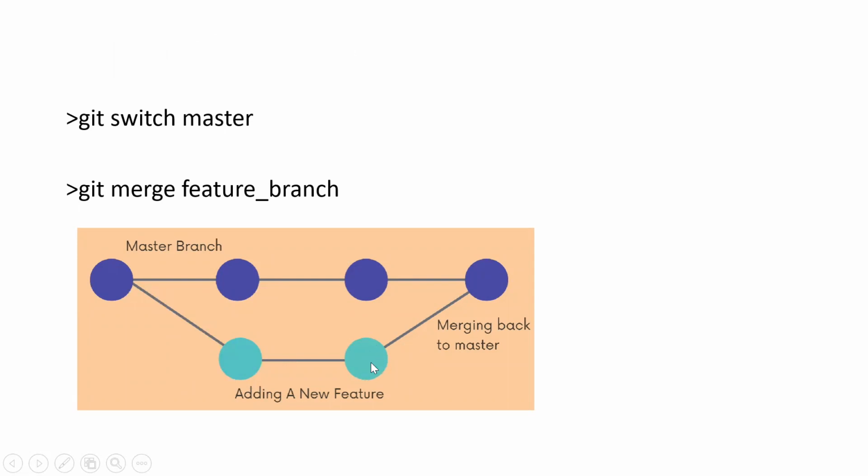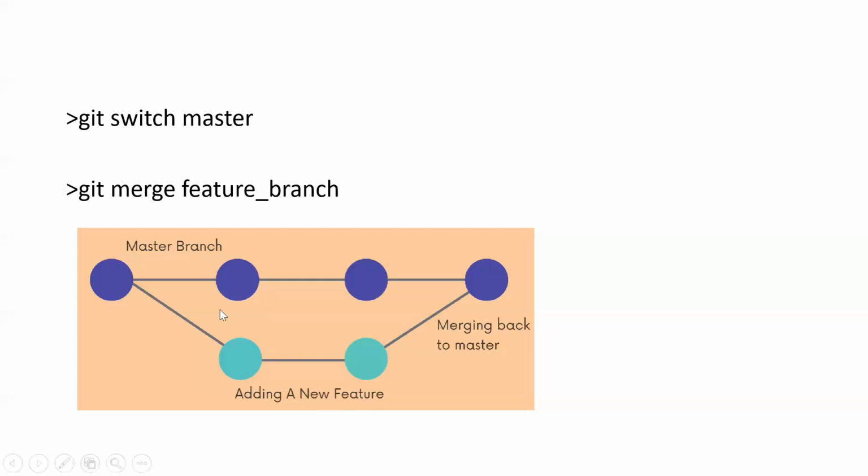When my change is finalized, I can push or merge. That is called merge. I can merge my change to the master branch again, so that what I have developed can be deployed in the environment.